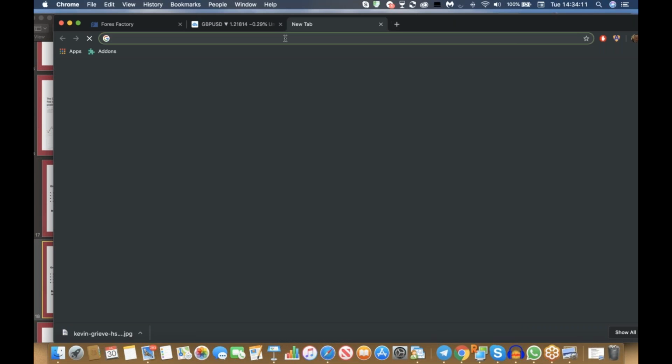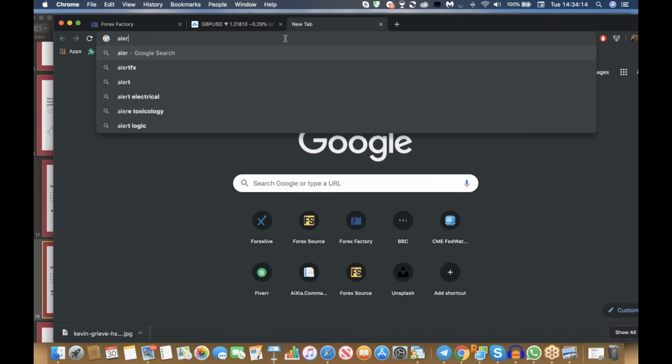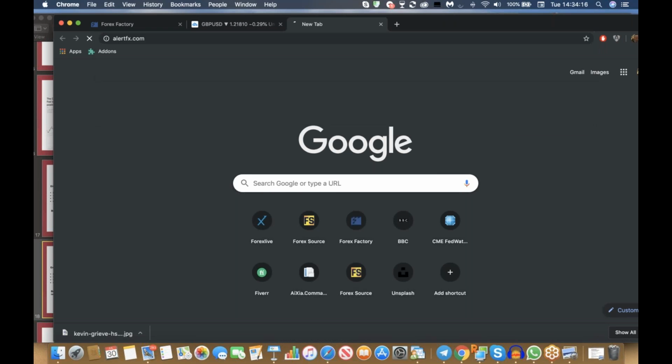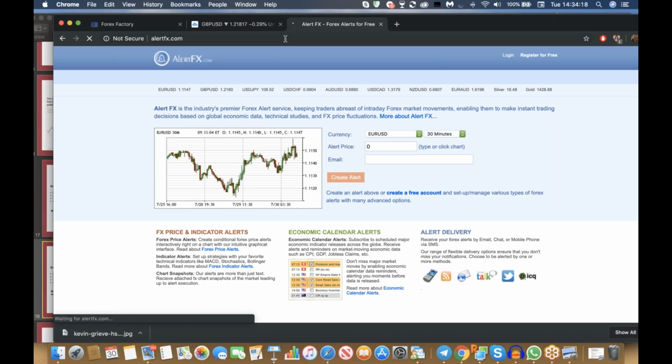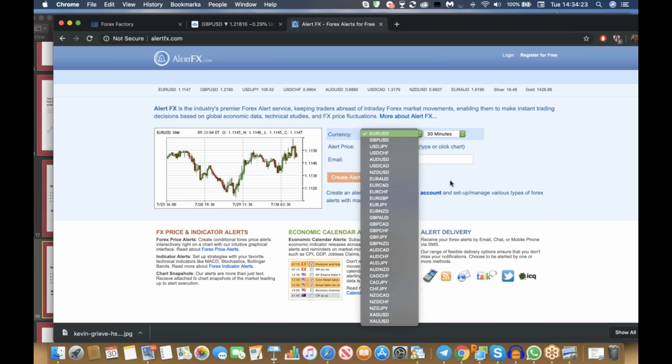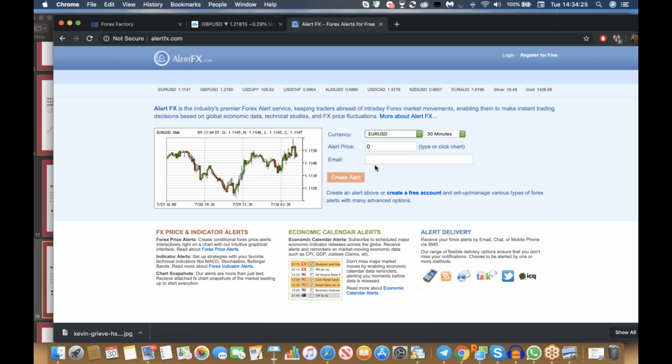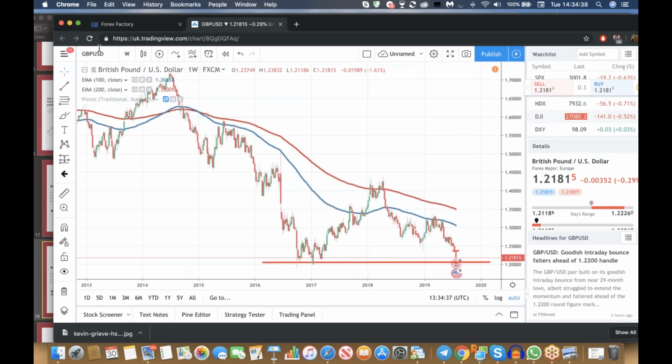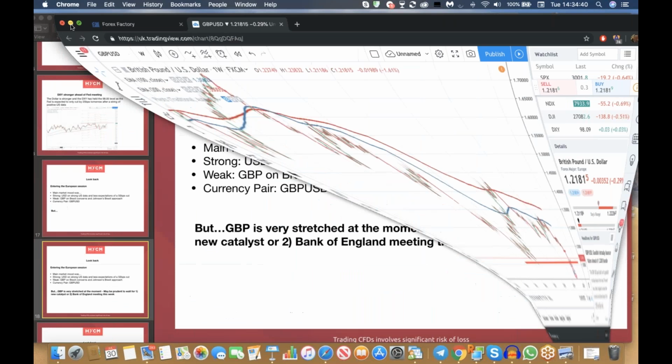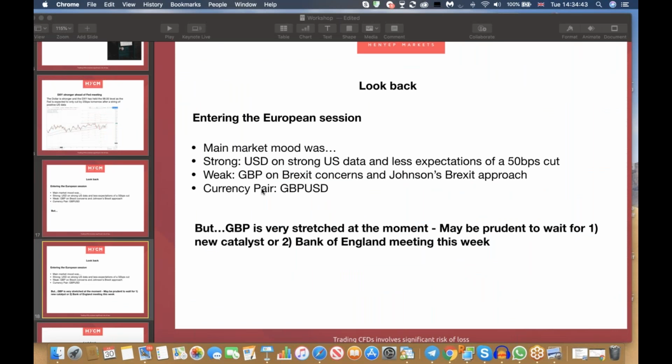Okay, all you do is you go to alertfx.com, and when you're there, you can just choose a currency pair, choose an alert price, and create an alert. You can have it, I think, either a text message or sent to your email, but either way, you will get a message, and you can have like 5 free alerts on that website. So I've sent you that link, and that's the sort of thing you can do.